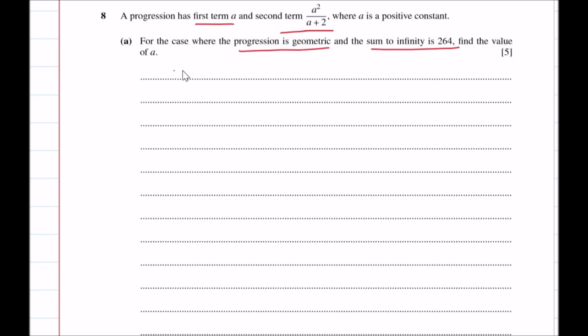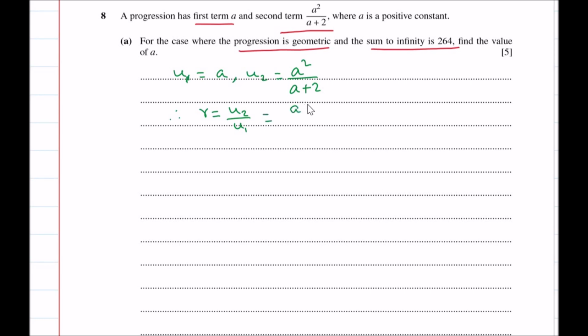So let us write what is given and what we have to find out and what we can do. u1, first term, u1 is equal to a. u2, that is the second term, is a square by a plus 2. So first term given, second term given, so we can find the common ratio r for a geometric progression. So r equals u2 by u1, second term divided by the first term.